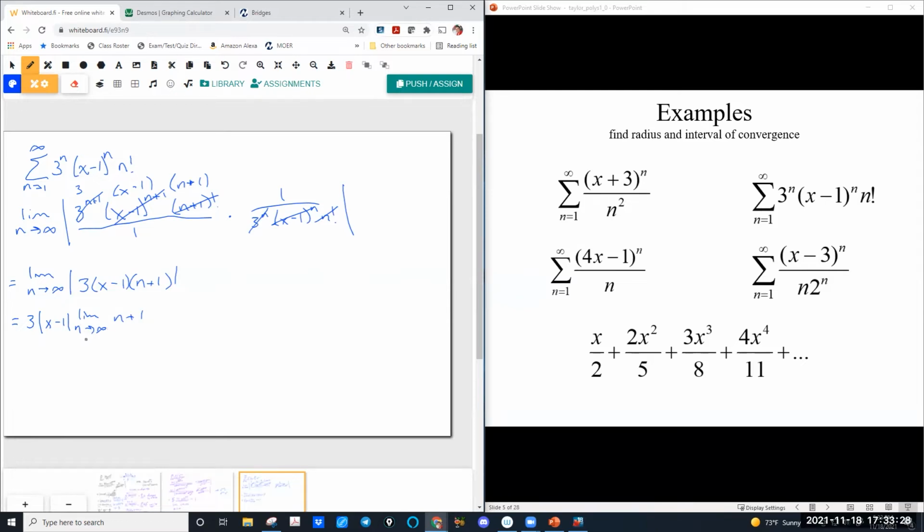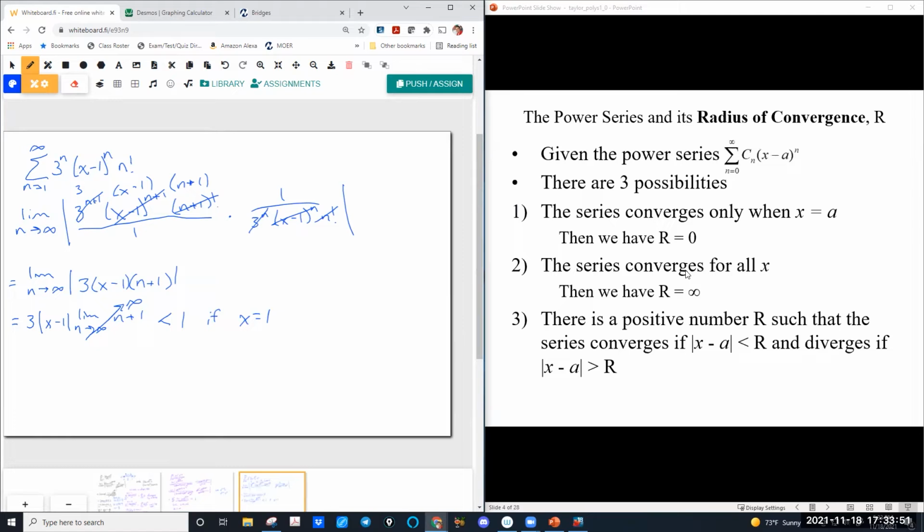As n goes to infinity, n plus 1 goes to infinity. So this thing is never going to be less than 1, except for in one case: if x equals 1, because if x equals 1, that makes the whole thing 0.